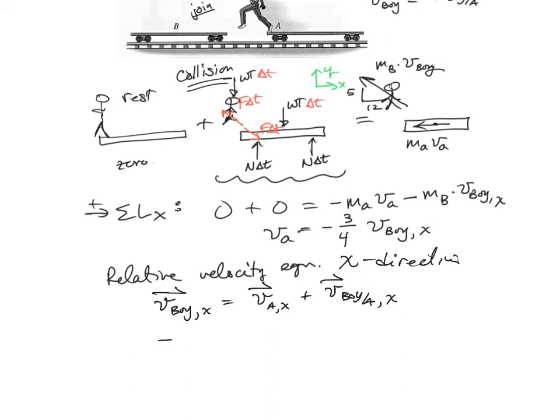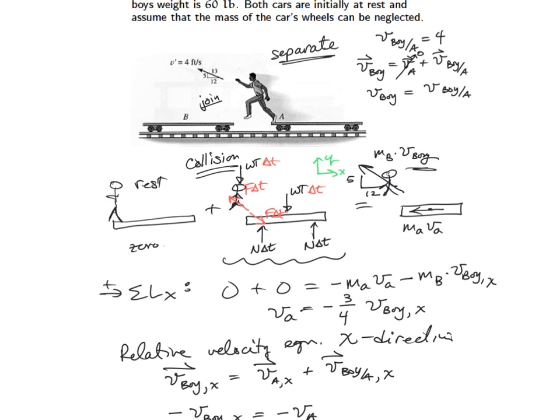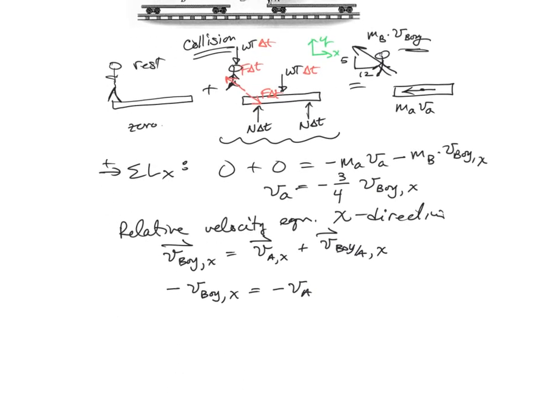So we'd have, right, the velocity of the boy is going in the minus X direction. So we'd end up with minus V boy X is equal to, we've drawn A in the negative direction, and the velocity relative, we're showing from up here in the picture, right, is also going to the left.